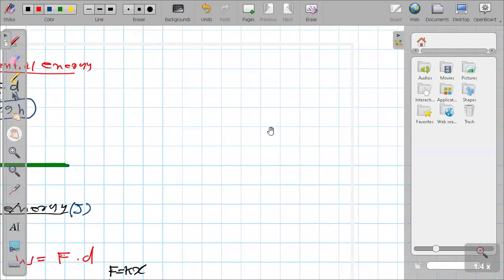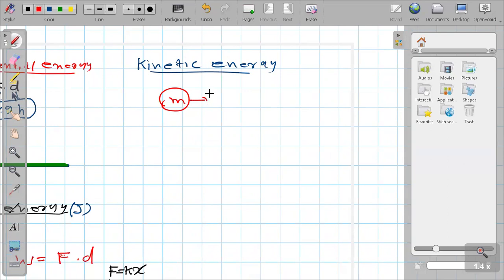Kinetic energy. At the beginning it's u. We can consider it like 0.